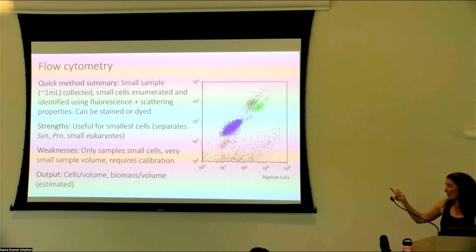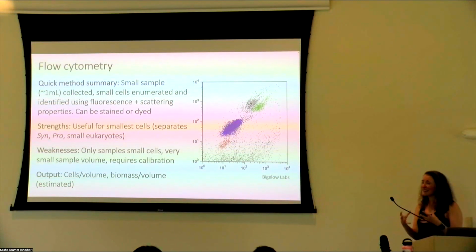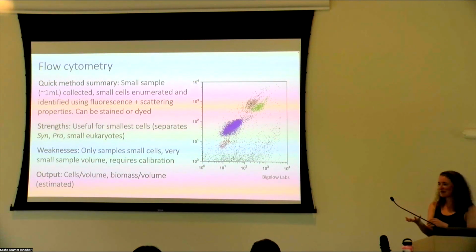And so again, that output, you have a volume, you have counted cells per volume, right? You also can estimate, because for Prochlorococcus and Synechococcus, in terms of the cell shape, there's relatively little variability. They're pretty cylindrical. I heard somebody say over here when you were talking about different properties before, they're as close as you can get to a perfect sphere. And that's pretty much true in the ocean, right?